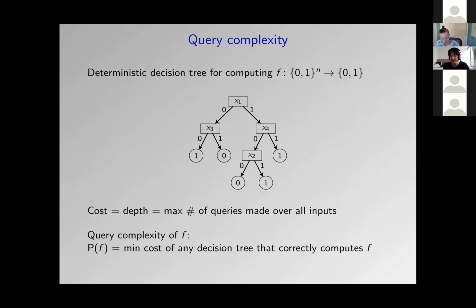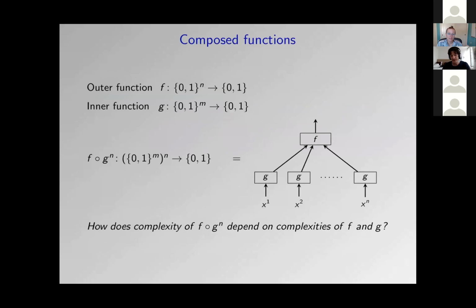Decision trees have been studied for maybe half a century. And one of the very typical situations that you run into when you study them is you want to understand more complicated functions, their query complexities, based on how they're composed of their constituents. Suppose, for example, you have two Boolean functions, f and g, on n bits and m bits.